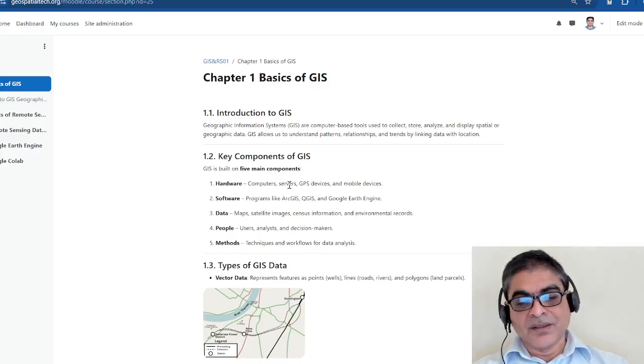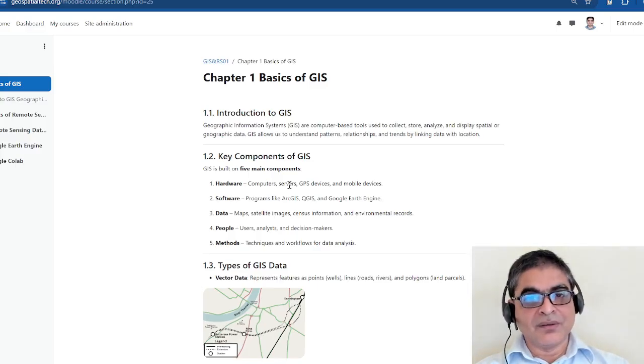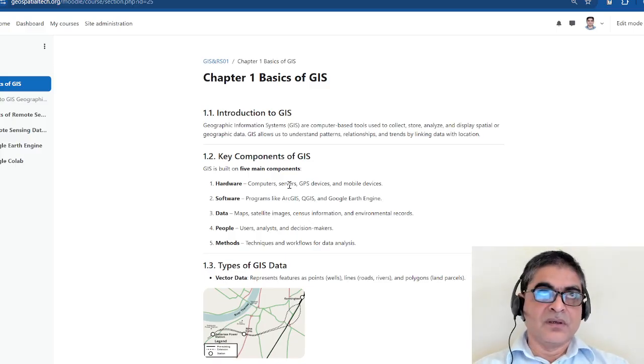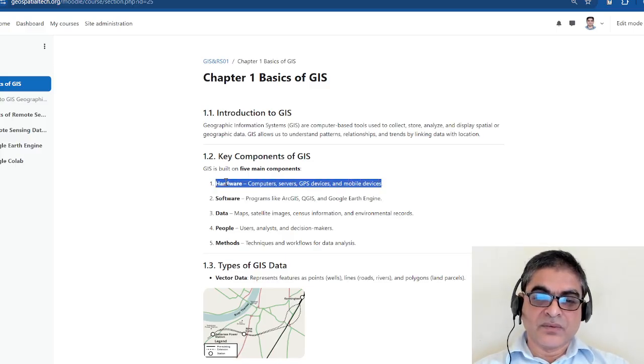If we need point data or line data or polygon data, either we have it in the cloud, or if we need our own generated data, then we should have GPS devices. Nowadays mobiles also have GPS. So these are the hardware we need for GIS.